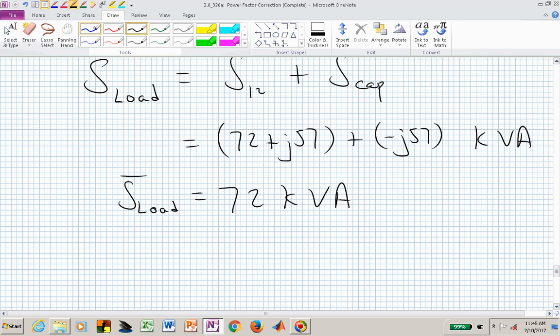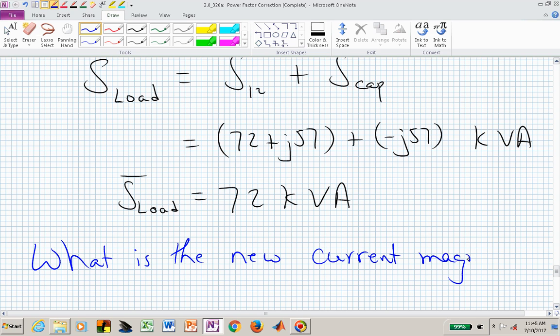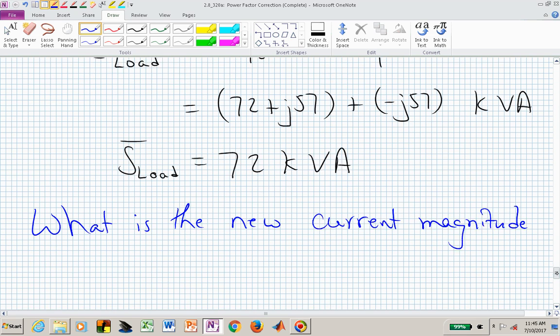And we can now use that to say, okay, if this is now what the load is requesting in aggregate, what's the source having to supply? Or what is the new current magnitude supplied by the source?